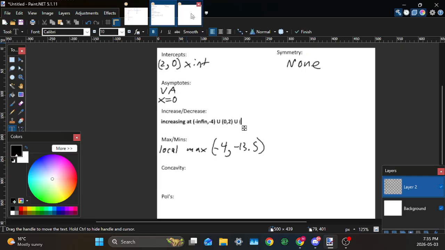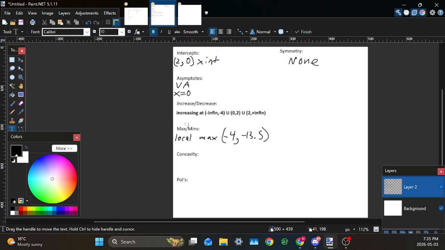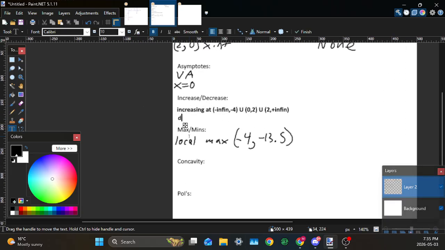So it would be union 2 to positive infinity, because at the point of 2, the slope is completely horizontal. It's not increasing or anything. As for decreasing, at negative 4 to 0. Oops, negative 4, 0.